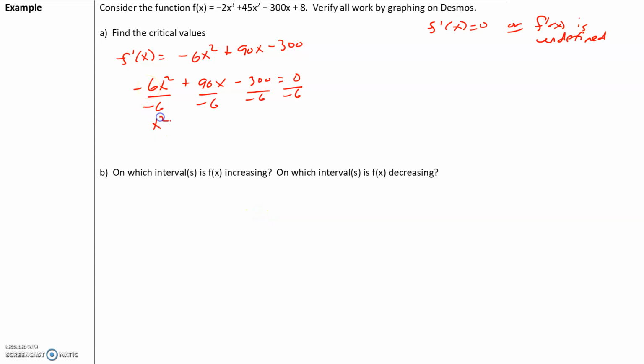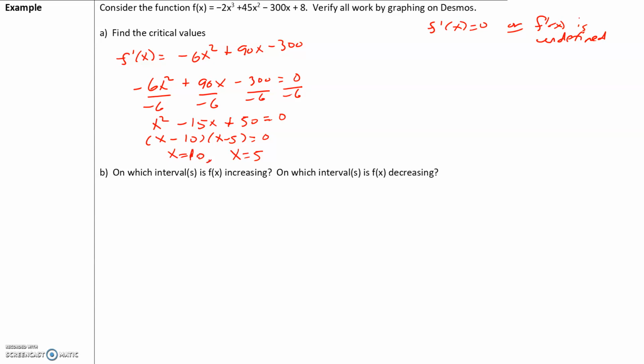So we get x squared minus 15x plus 50 equals 0. And if you factor this, we get x minus 10 times x minus 5 equals 0. So we get x equals 10 or x equals 5. So these are the two critical values.